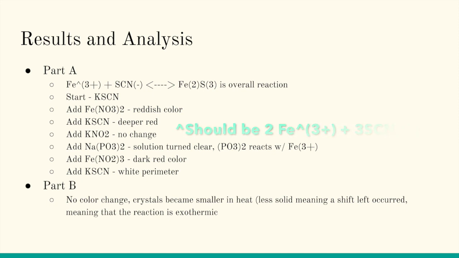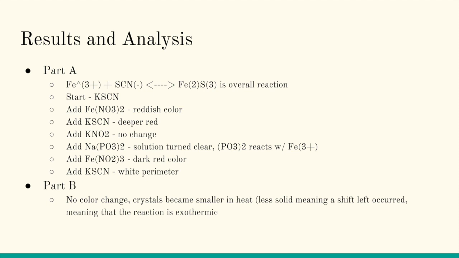So we started with potassium thiocyanate, and then when we added the iron nitrate, both of the ions necessary to complete the reaction were there, so the reaction happened and stabilized at equilibrium, which was a reddish color. When we added more potassium thiocyanate, we shifted the equilibrium position further to the right because the concentration of the reactants was higher.